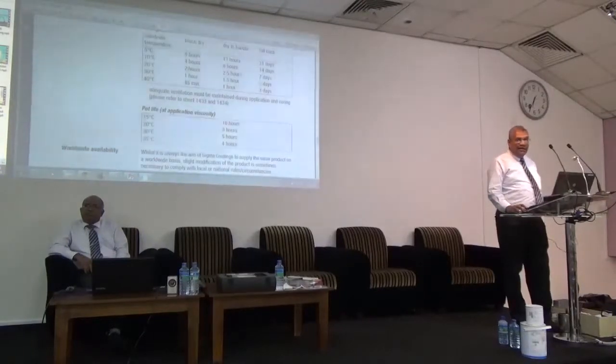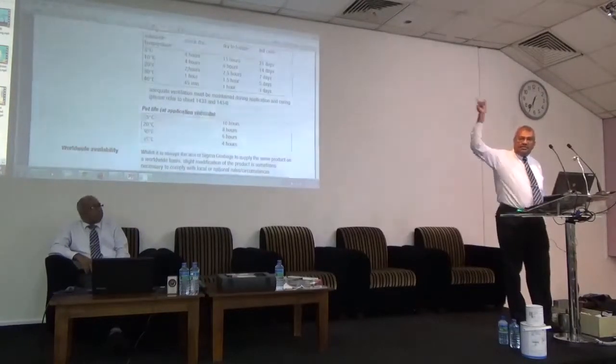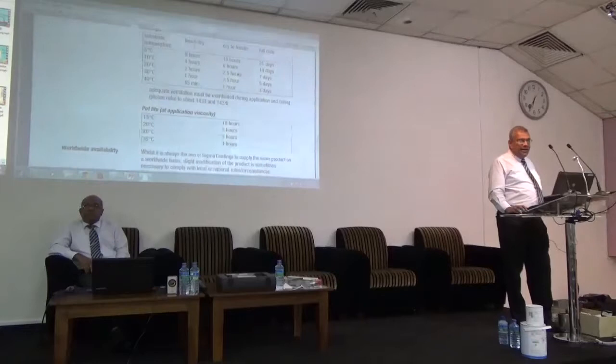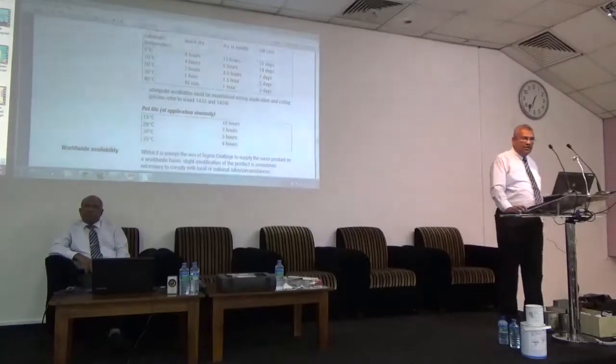If you don't wait, and the dust from the next area hits the paint, that dust won't come off. If after 2 hours the dust gets deposited, then you can brush it off. It won't go into the paint. Otherwise it will get stuck there. So touch dry is a very important thing for the sandblasting operation.